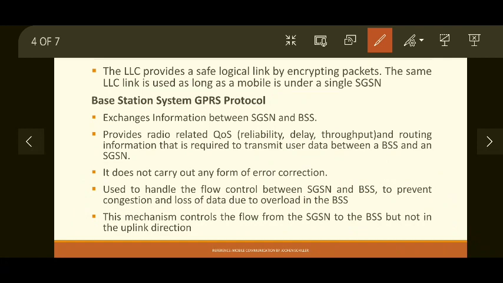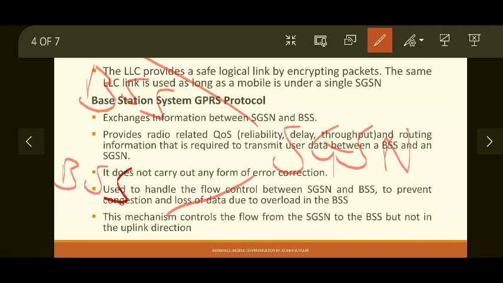Apart from that, BSSGP also handles flow control between SGSN and BSS, and congestion control, due to which there may be a loss of data at the BSS. Now we know that one SGSN is connected to several BSS: BSS1, BSS2 and so on. So what is flow control?